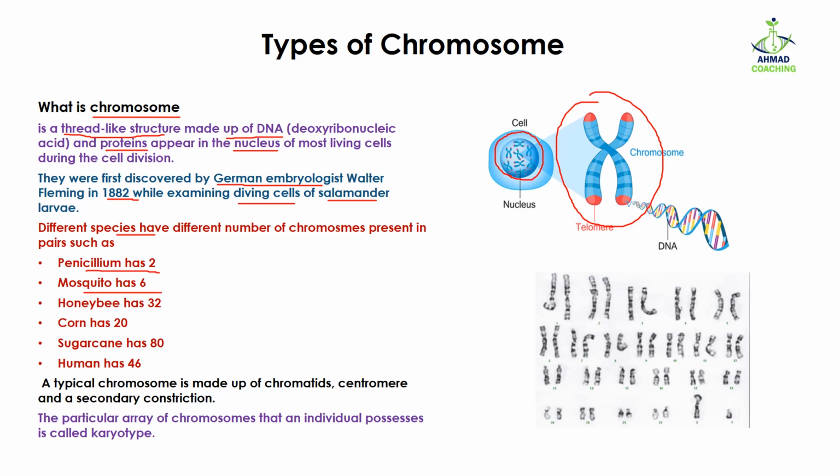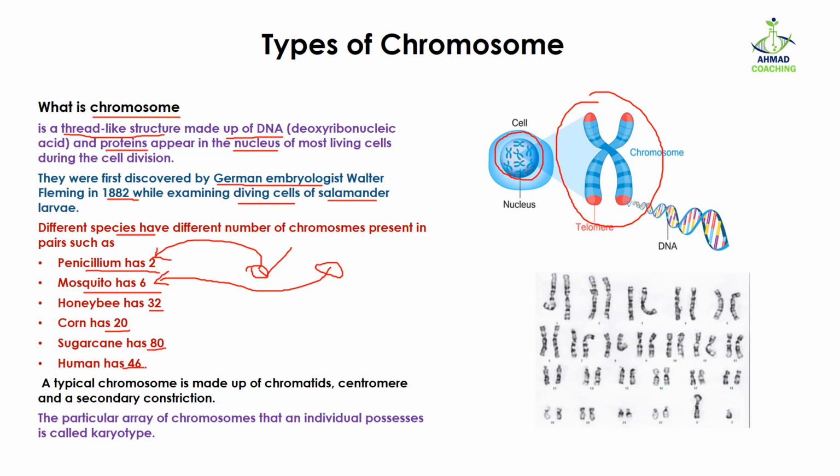So if you have two different cells and you want to identify which species they belong to, you count the number of chromosomes, and then you can tell, okay, because this cell has 2 chromosomes, it is from penicillium, and this cell has 6 chromosomes, so it is from mosquito. Similarly, honeybee has 32 chromosomes, corn has 20 chromosomes, sugarcane has 80, and human has 46 chromosomes.